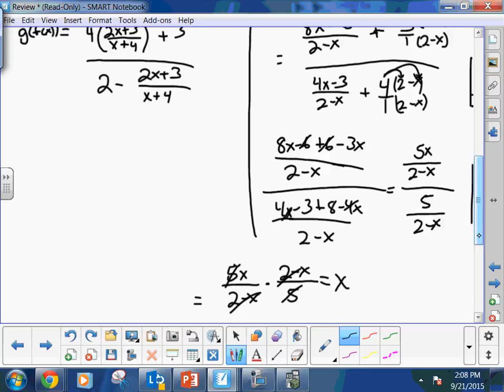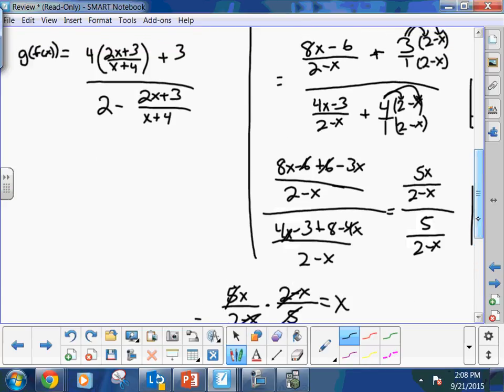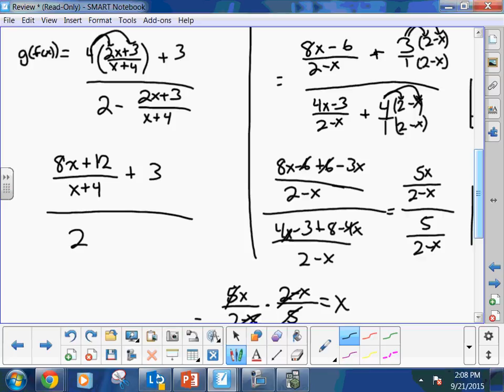We'll distribute this first, which means that we'll distribute that and that. So we'll have 8x plus 12 over x plus 4 plus 3. And then we'll have, so over 1 we'll have x plus 4, x plus 4 minus 2x plus 3 over 4.